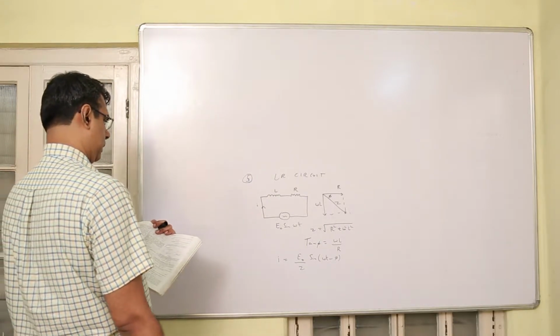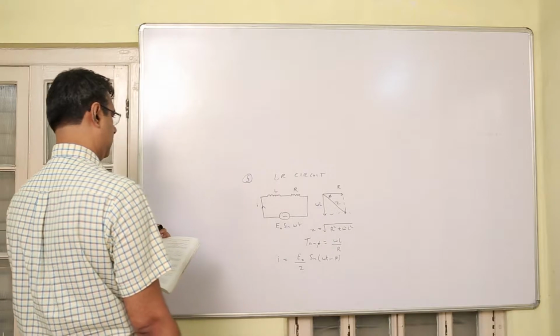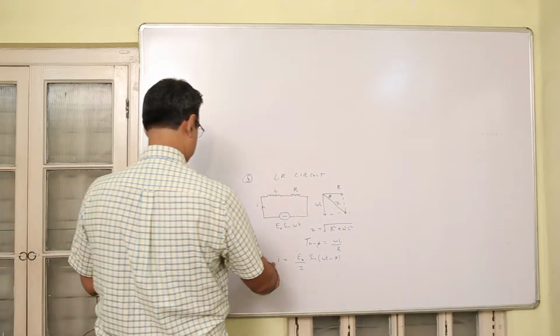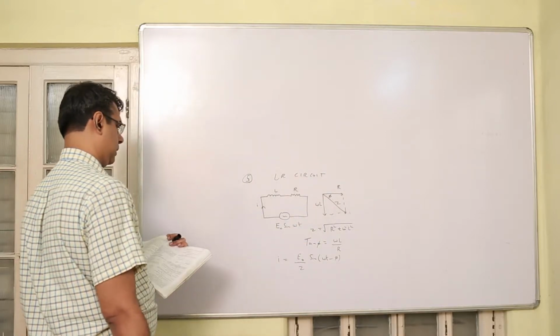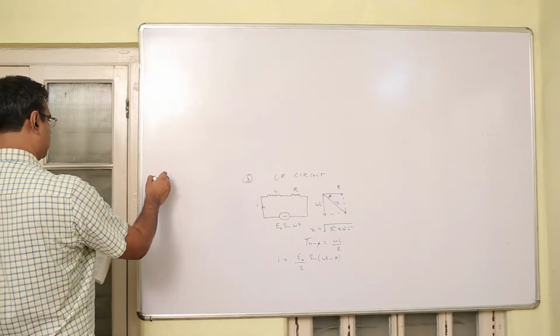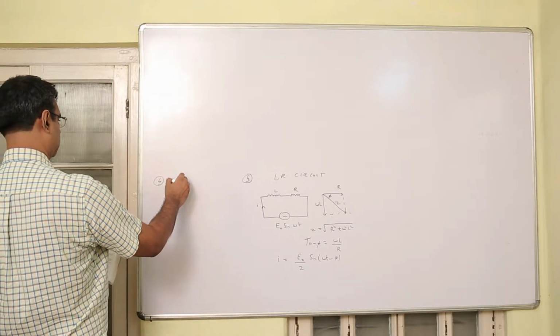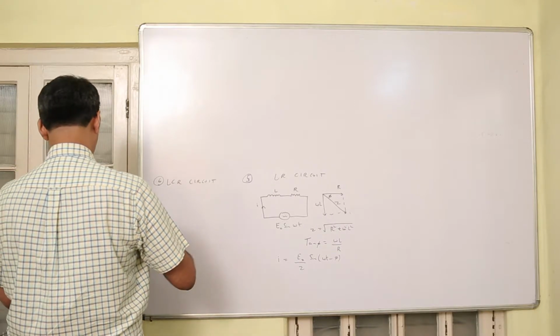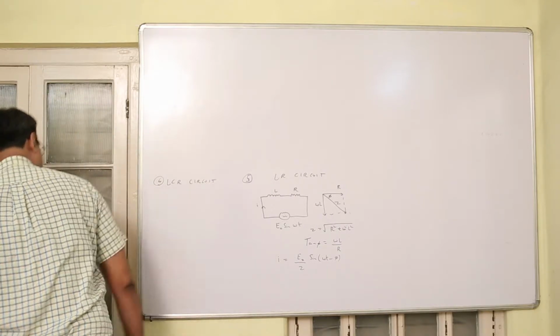So I is E0 by Z sine omega t minus phi. So this is the resultant current in a LR circuit. Next we come to LCR circuit.